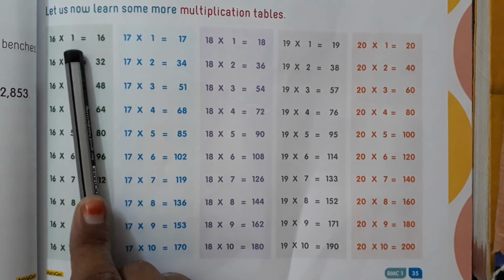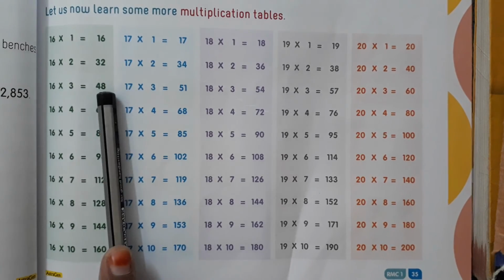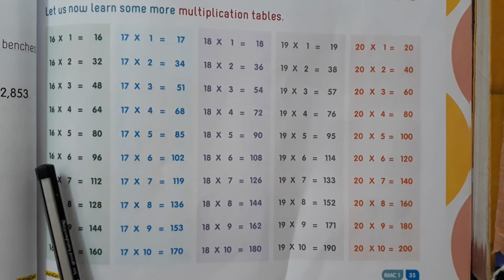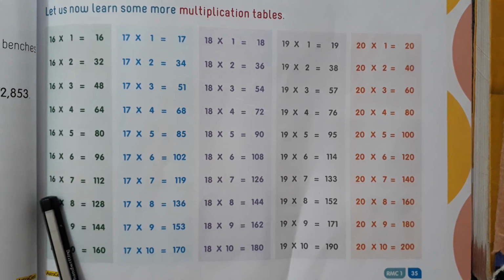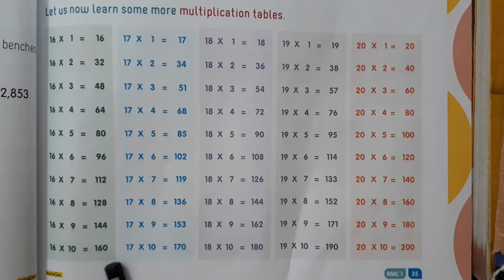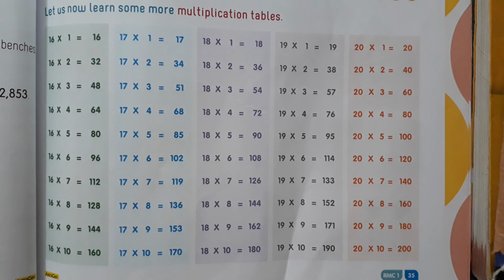Look here. 16 ones are 16. 16 twos are 32. 16 threes are 48. 16 fours are 64. 16 fives are 80. 16 6s are 96. 16 7s are 112. 16 8s are 128. 16 9s are 144. 16 10s are 160. Like this, write these 5 tables 2 times and read very well, children. Okay? Next multiplications we will learn in the next video, children.